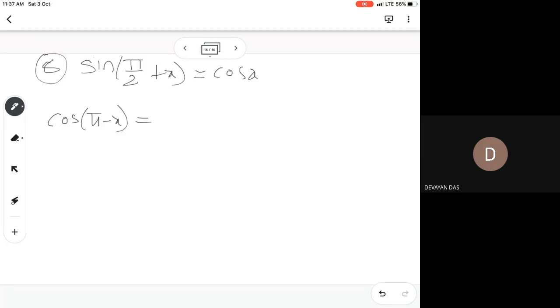What is meant by pi? Sir, 180 degrees. 180 minus means which quadrant? Sir, second. In the second quadrant cos is, sir, minus. As you have pi here as it is, you are going to get minus cos x. That is done. This is the way to remember blindly, but if you want to prove it, split pi into pi by 2 plus pi by 2.